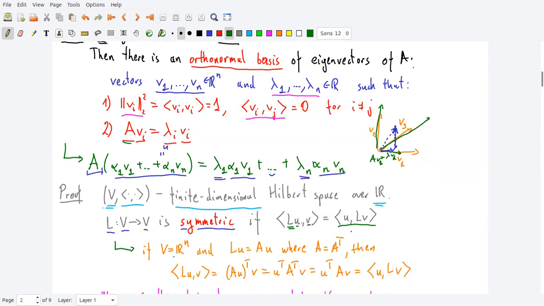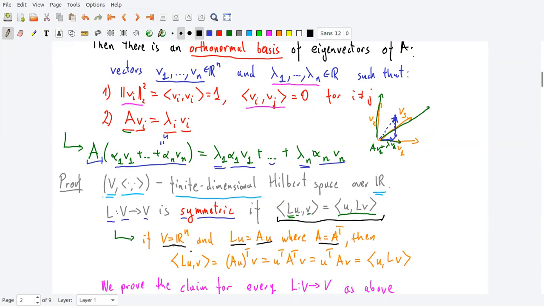So just to make it more concrete, if your vector space is simply R to the n with the classic scalar product, and your linear endomorphism is simply applying some matrix A, where the matrix is symmetric, then you can easily see that this equation holds.